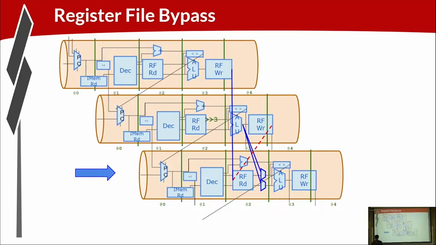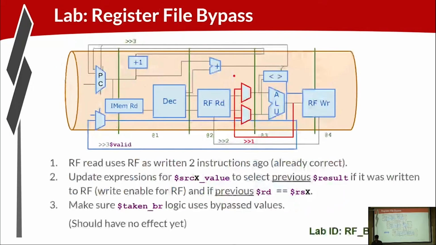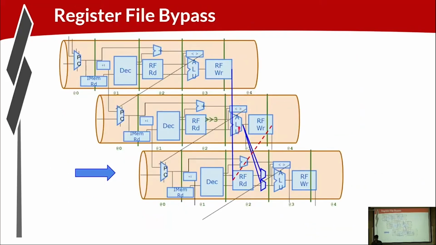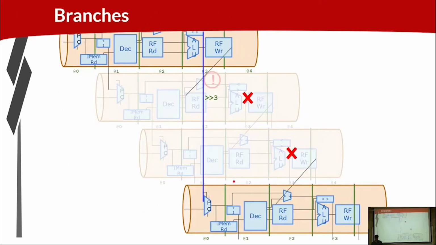And then we dealt with the hazards. First the register file bypass. We added this path to take care of the 1-cycle dependence, and in the waterfall diagram give us this path here to resolve this broken path from the register file.